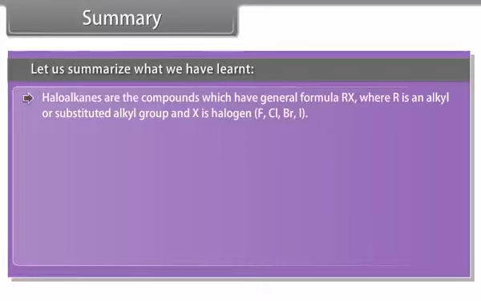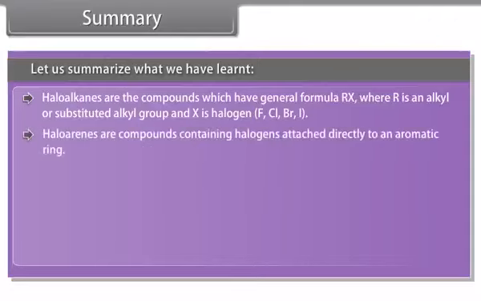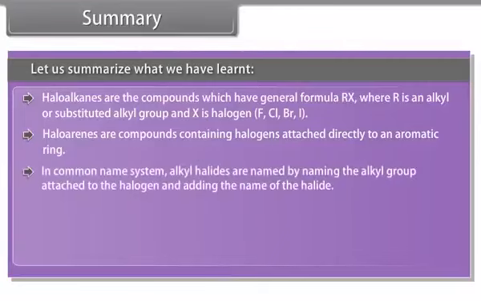Melting and boiling points. Due to the polar nature and high molecular masses as compared to the corresponding hydrocarbons, the intermolecular forces of attraction, that is dipole-dipole and van der Waals forces, are stronger in organic halogen compounds.